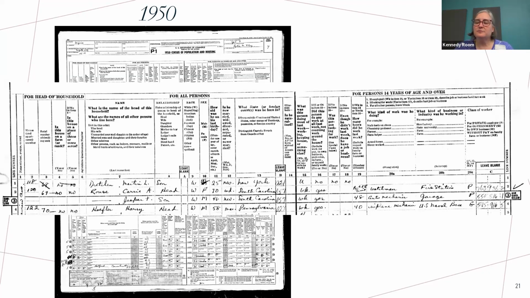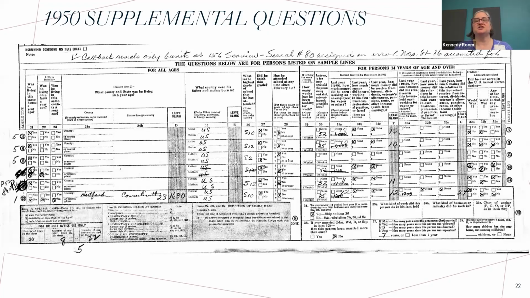And as suburbia was growing, starting to need the 2-income household. So the supplemental questions get a lot more in depth, and they ask them of 6 people per page. So they decided 2 people wasn't enough, 6 people.